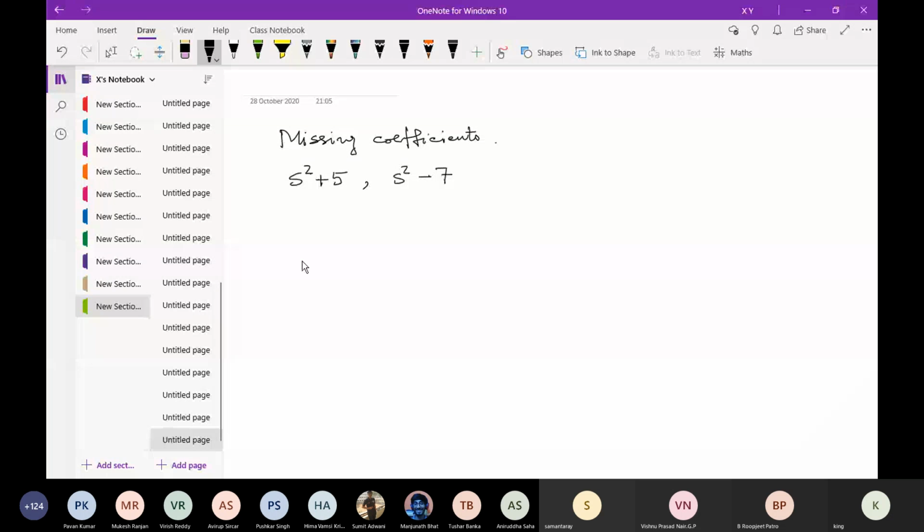So this missing coefficients logic extends even if you have something like s to the power 7 and all of a sudden s to the power 5 is missing and you have 3s to the power 4. Even another missing coefficient is simply this.